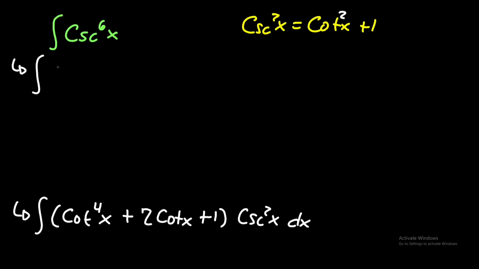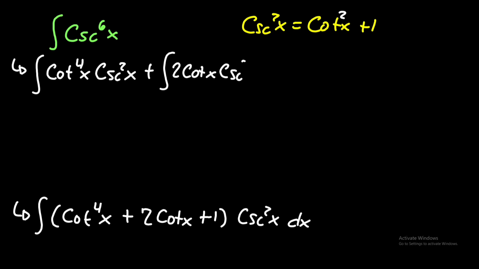So this can be the integral of cotangent to the power of 4 of x cosecant squared of x, plus the integral of 2 cotangent squared of x cosecant squared of x, plus the integral of cosecant squared of x dx.